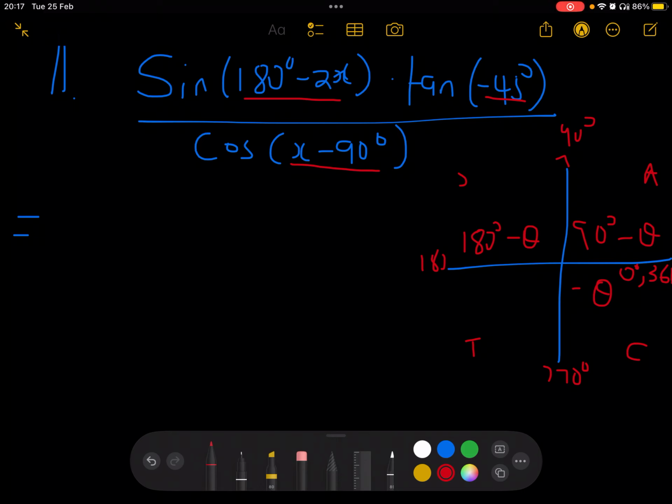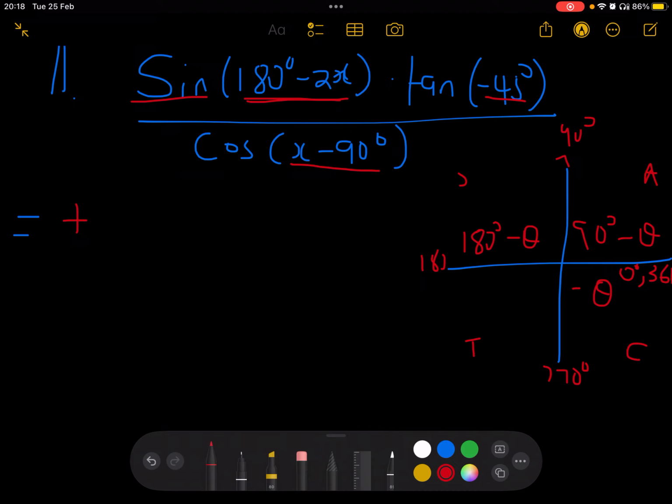Now, what do we look at in reduction formula? We look at my small Cartesian plane here. In what quadrant is 180 minus an angle? That's quadrant number 2. Now, what is the sign of this trig ratio in quadrant 2?